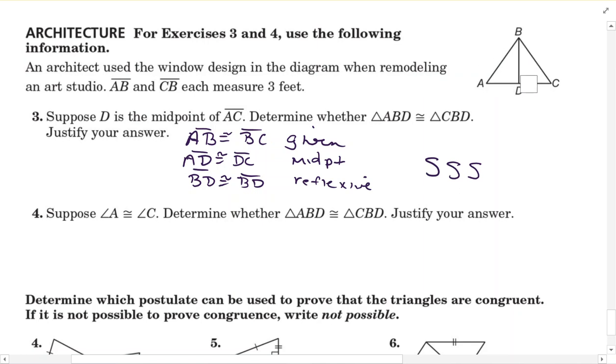And number 4, we're given that AB is congruent to BC. And that was given. We're given also that angle A is congruent to angle C. And we know that BD is congruent to BD.